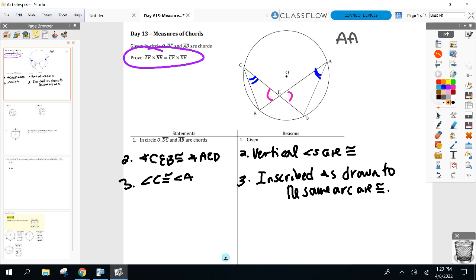We're good to go. Now you can say the triangles are similar. Triangle CEB similar to AED. Just watch yourself. Make sure you're putting the similar sign, not the congruent sign.